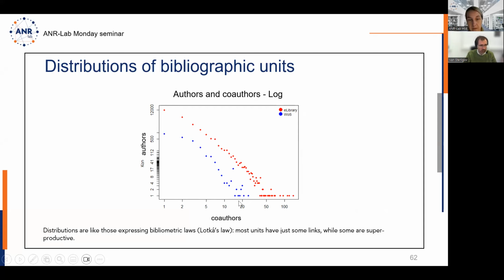And again, we can see this distribution, which shows that the majority of authors, of course, here we didn't include those who do not have any collaborators, but there are pretty many authors who do not have any collaborators at all. But here we see that the majority of authors would have only 1 or 2 co-authors, and then the minority would have a lot of collaborators.